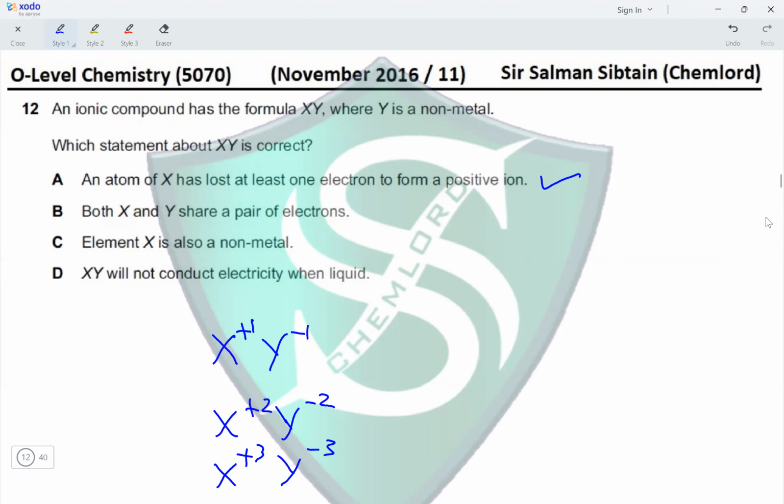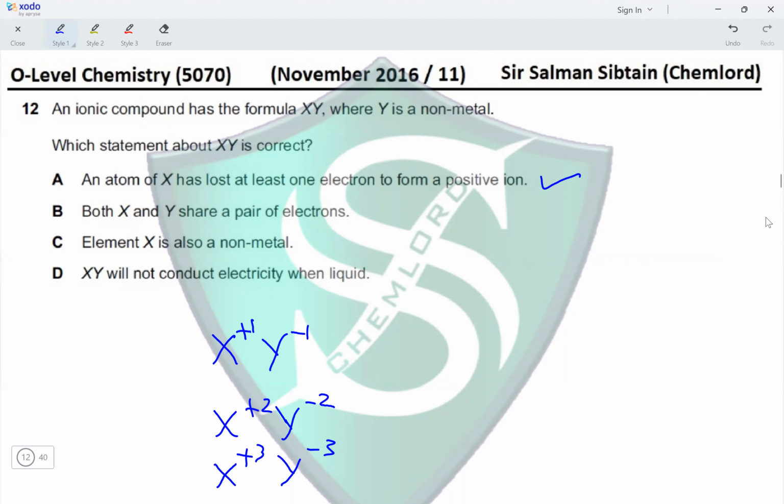In all of these cases, the electron is lost by X and is taken up by Y. So the minimum possible electrons that could be lost are a single electron, forming a single positively charged ion X positive.